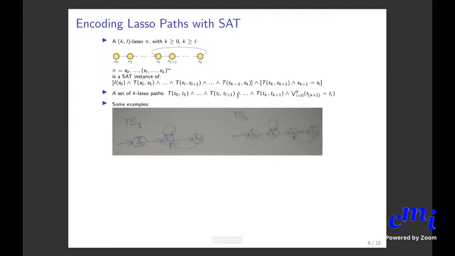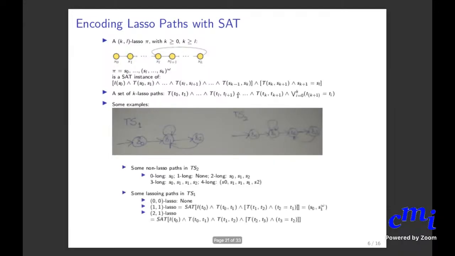I'm going to go quickly to this example. For example, here in TS1, there can be no 0 lasso, but there is a single 1 lasso represented as S0 followed by S1 omega, which is exactly characterized by the satisfying instance of this formula.